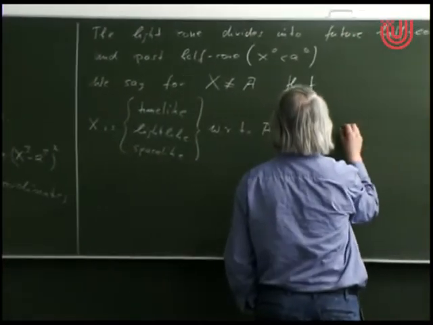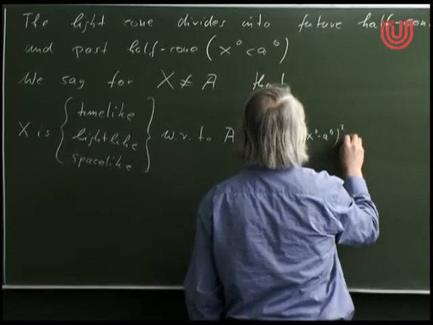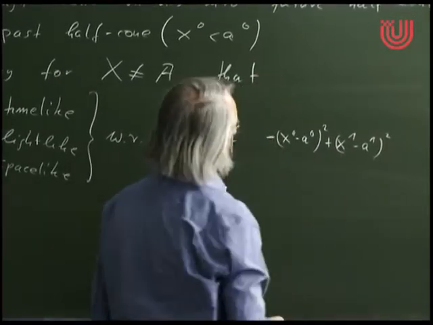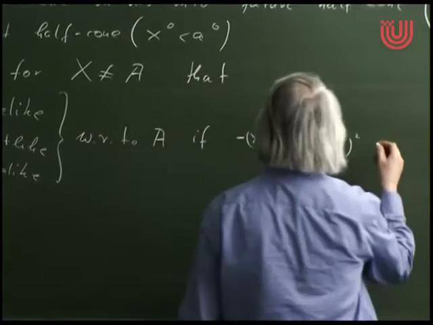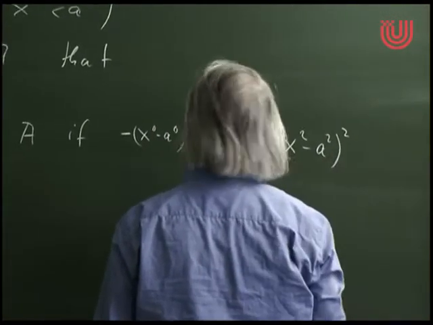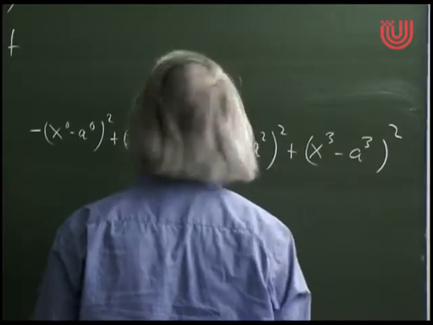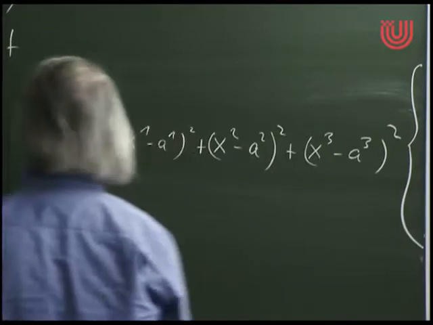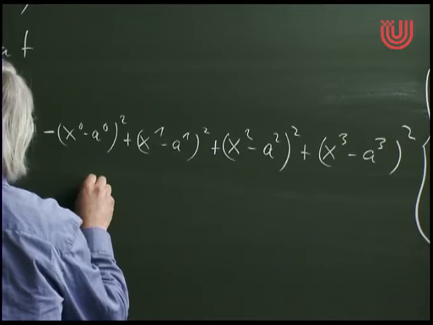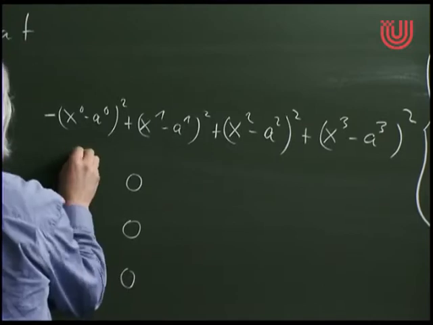So this expression here, if I take this to the other side, x naught minus a naught squared plus x1 minus a1 squared plus x2 minus a2 squared, is smaller than 0, equal to 0, or bigger than 0.